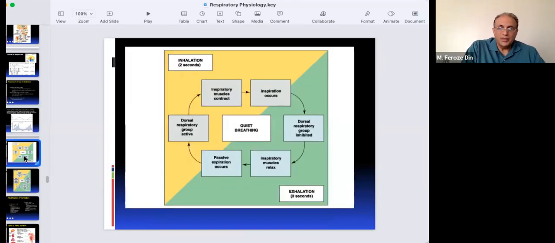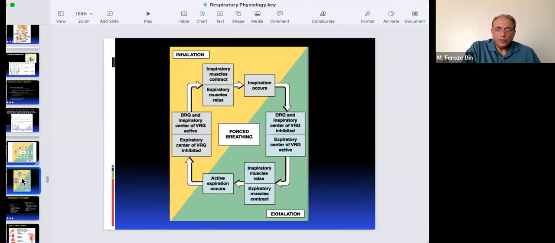This is further shown in this little flow diagram, where during inhalation, the dorsal group is active, the inspiratory muscles contract, inspiration occurs, then the dorsal group is inhibited. In fact, it is cut off, and I will mention later on how it is cut off. The inspiratory muscles relax, passive expiration occurs, and then the cycle plays again and again throughout life. That is quiet breathing, breathing at rest.